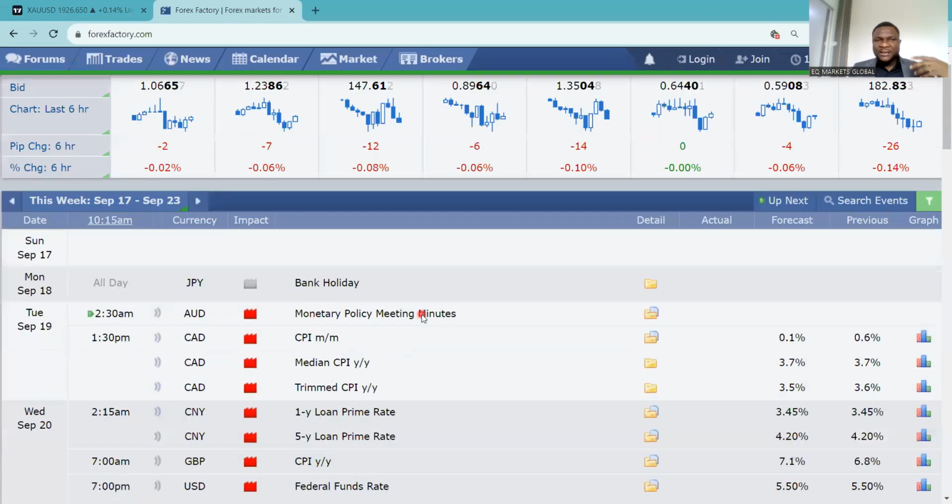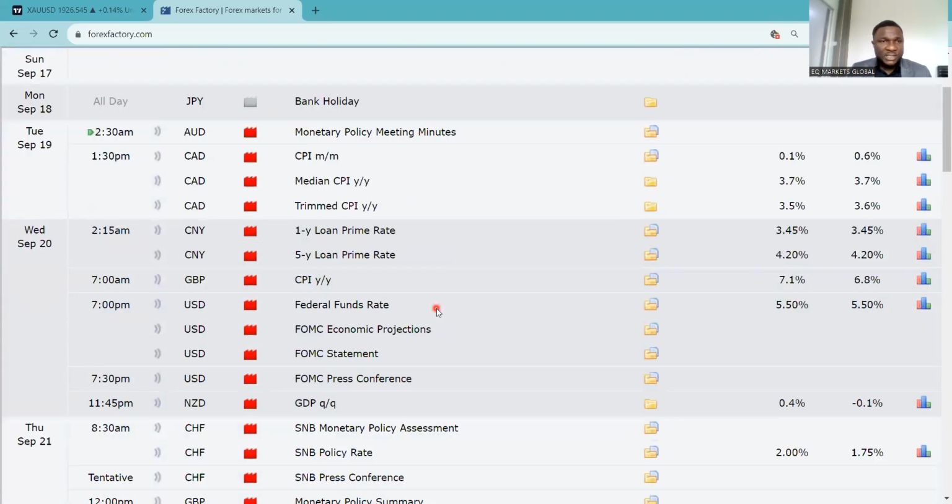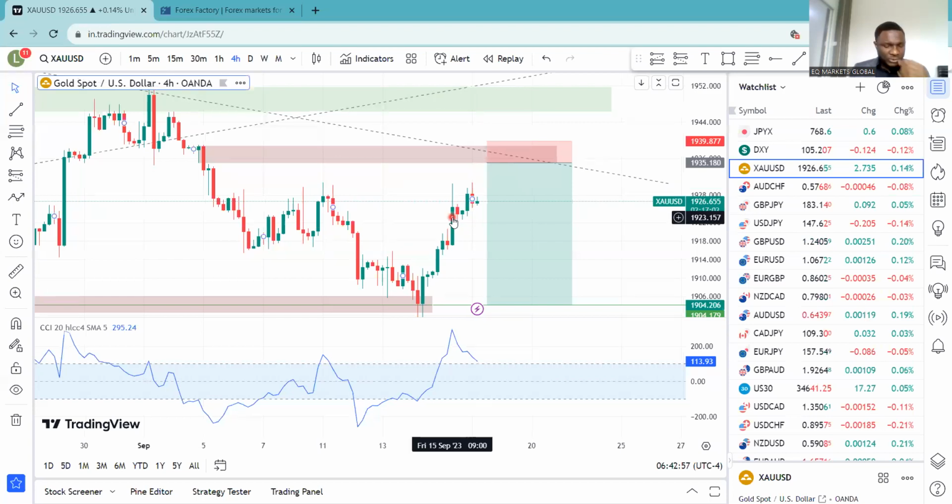A lot of high impact news is expected this week. So please, guys, I want to encourage and advise us to trade cautiously this week.